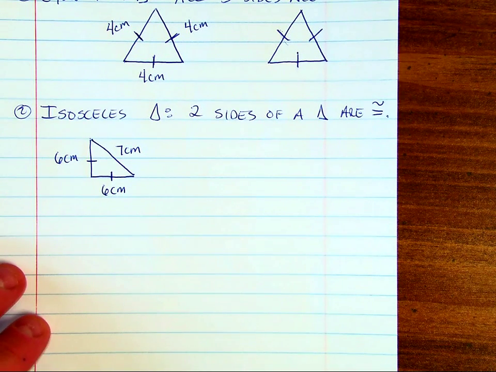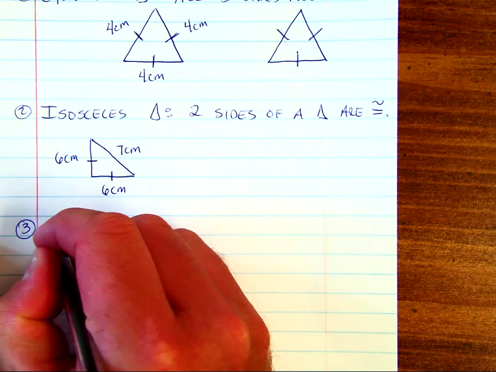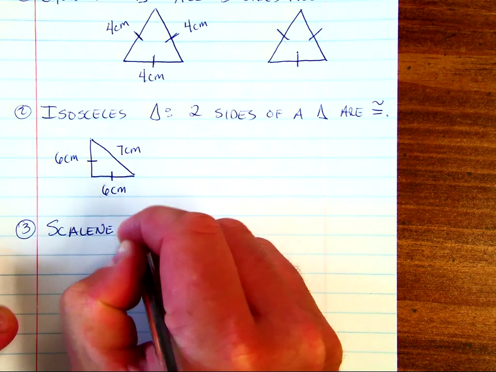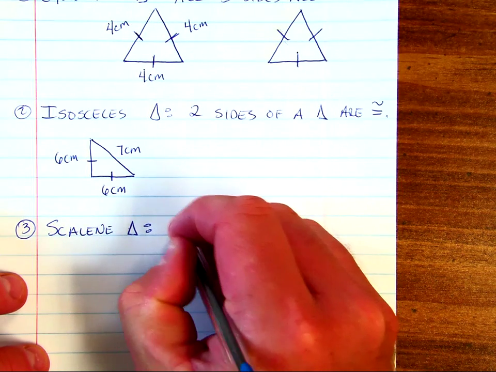Anybody know what the third one is? Equilateral, isosceles, Aiden? Scalene, good job. So if we got one triangle where 3 sides are equal, isosceles 2 sides are equal, what do you think scalene is, Harris? One side? No. You can't have one side equal to itself. Sebastian? 0 sides.